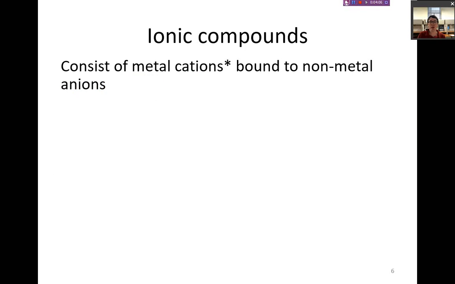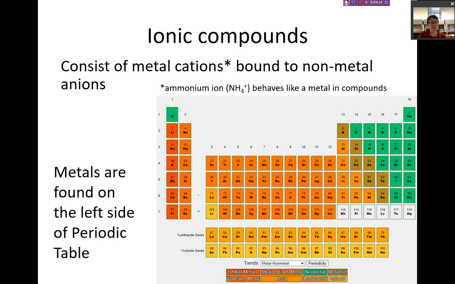Ionic compounds consist of metal cations bound to nonmetal anions. So you have a combination of a metal with a nonmetal. And metals are found mostly on the left side of the periodic table. There's one exception that you need to be familiar with in terms of forming ionic compounds, and that is the ammonium ion. It is a cation, so it behaves like a metal when it forms compounds. So other examples of ionic compounds would be calcium chloride.